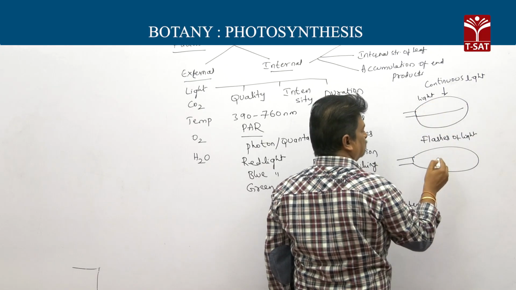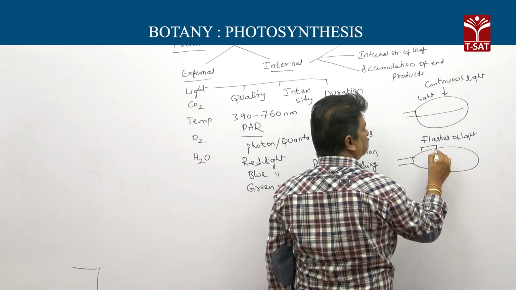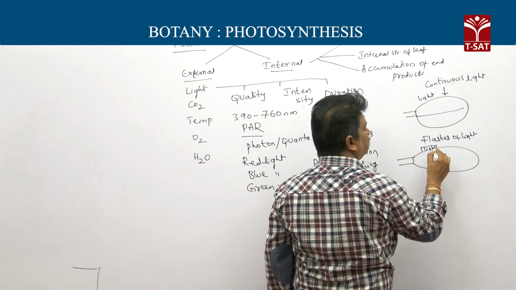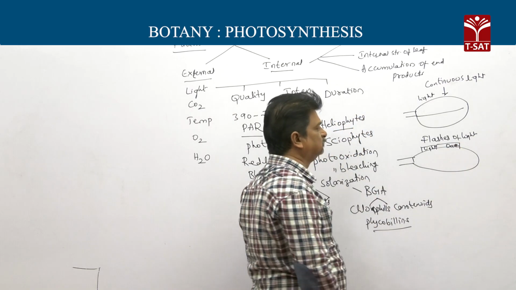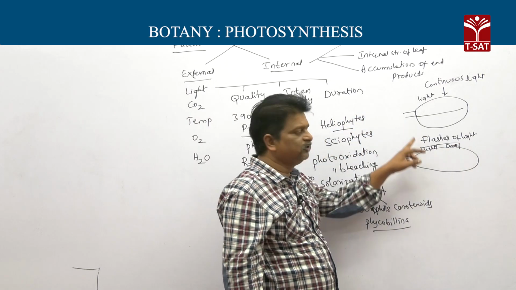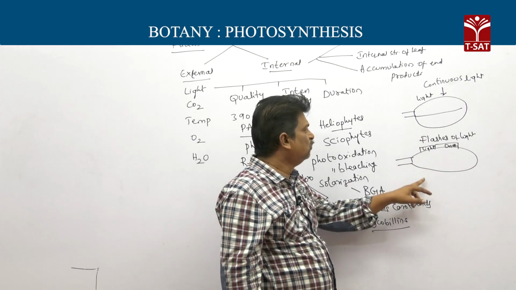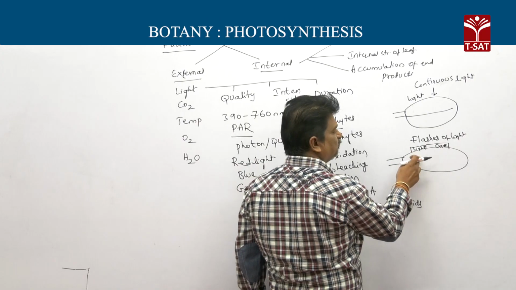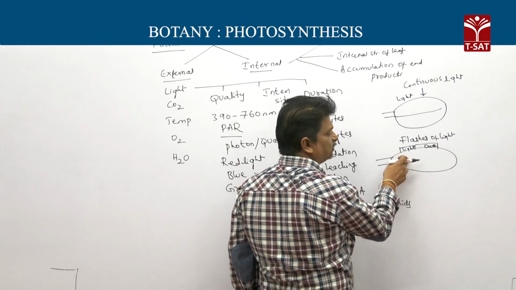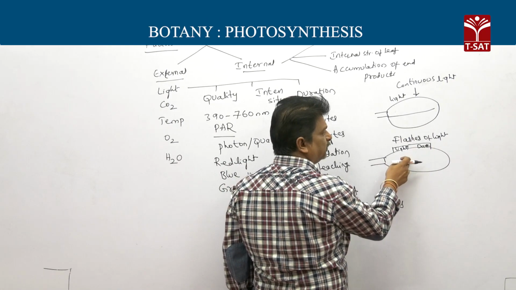Discontinuous light means the light period is interrupted by dark. Then in which leaf does more photosynthesis take place? The leaf which is exposed discontinuously, to flashes of light.